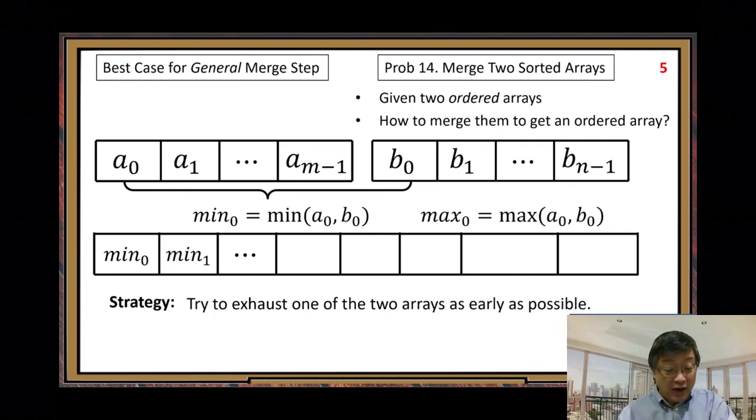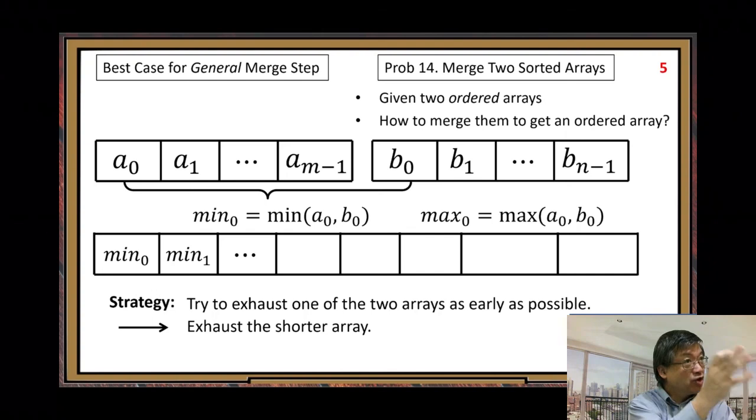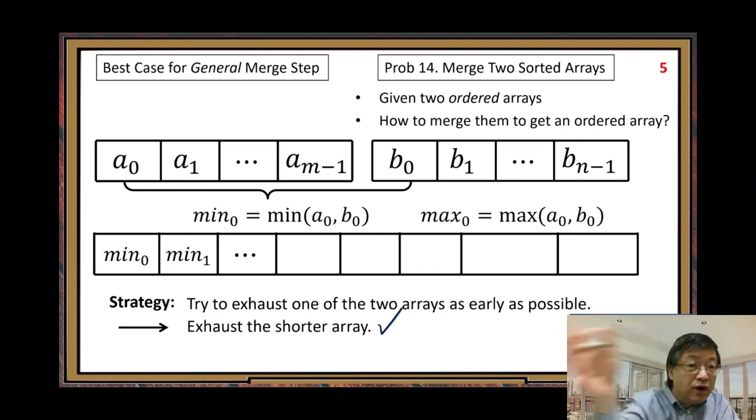With that observation, we can get our conclusion. When we exhaust one of the subarrays, which one corresponds to the smaller number of comparisons? This case exhausts the shorter array.